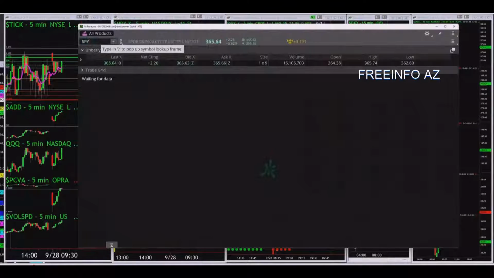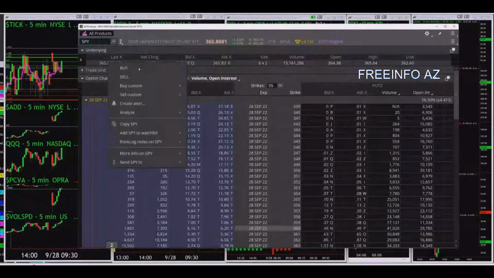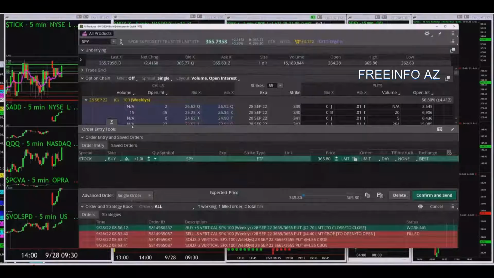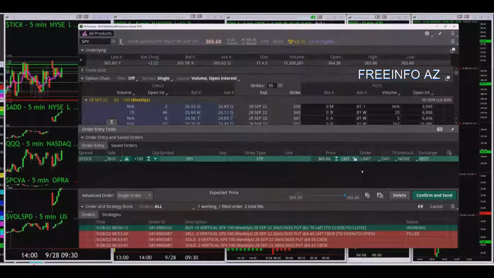If you're going to do SPY, just buy the shares. That is absolutely fine. I'll just do 100 shares. So you just buy it.